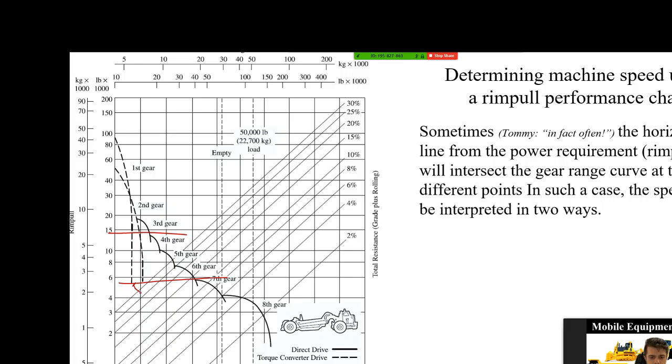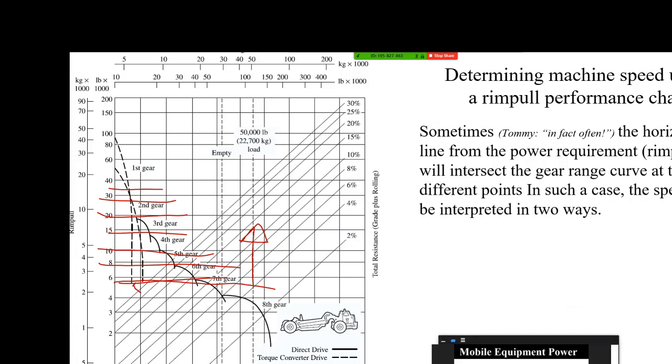It could intersect in more than one place. For most of them, that is the case. Anything above this line, if you draw a horizontal line, is going to intersect with more than a single curve. So what should you do in this case?